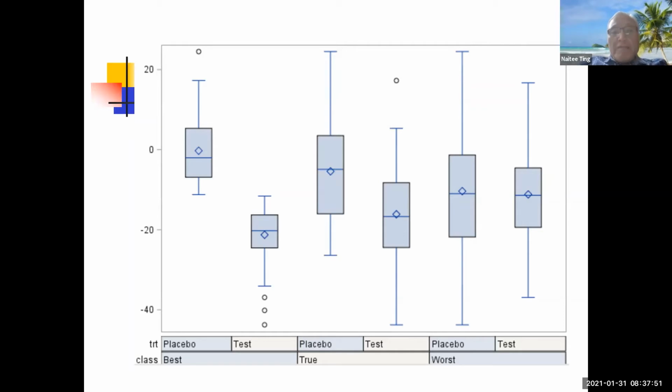Now, if I take 50 of them on test drug and 50 of them on placebo, I look at how much blood pressure they're lowering. So test drug lowered maybe about 18, placebo lowered maybe about 6. So there's a 12 millimeter mercury difference.